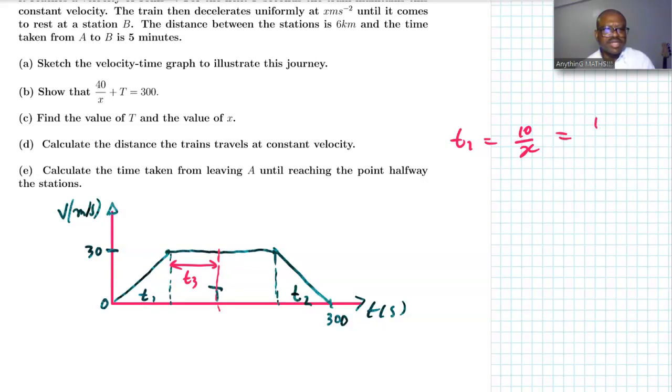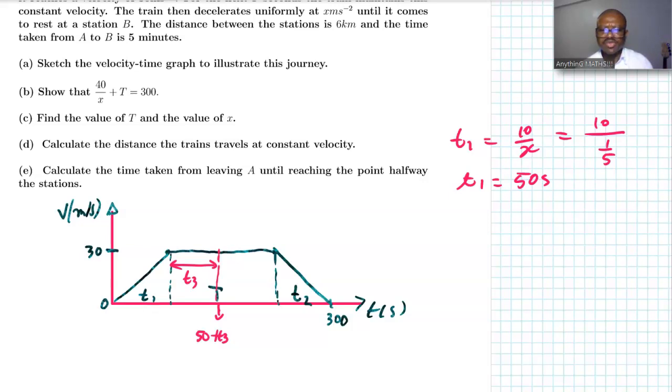So it's going to be 10 all over 1 over 5, and therefore t1 will be 50 seconds. So it means from here to here will be 50 plus T3.